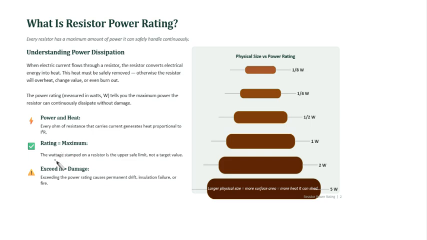Now the wattage stamped on a resistor is the upper safe limit, not the target value. So for every resistor, there is a power rating that is usually associated. Sometimes it is written on the resistor, sometimes it is obtained from the data sheet that comes with the resistor.